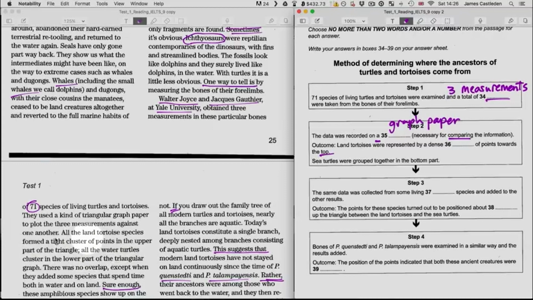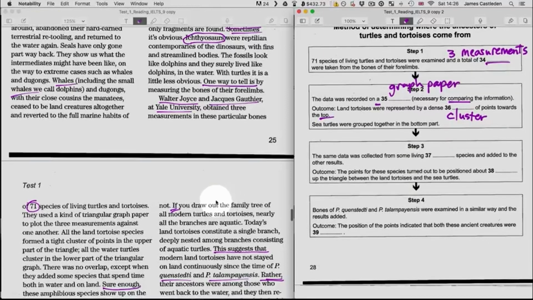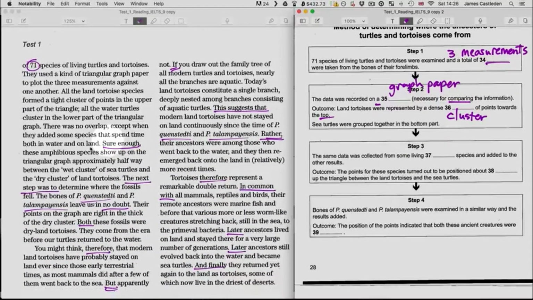Upper part, top, formed a tight cluster, a dense cluster of points. So we've got of points, so cluster. Dense and tight are synonyms. Some data was collected from some living species and added to other results.